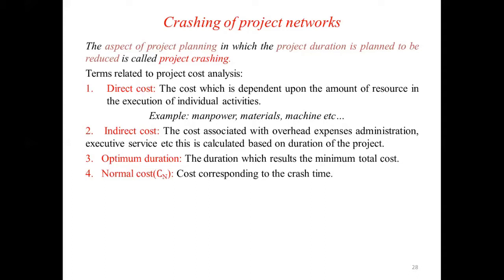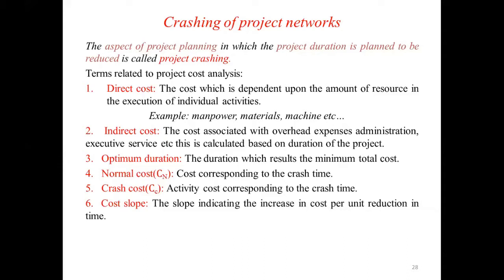The cost corresponding to the normal time is known as normal cost. Crash cost, denoted by Cc. The activity cost corresponding to the crash time is known as crash cost.